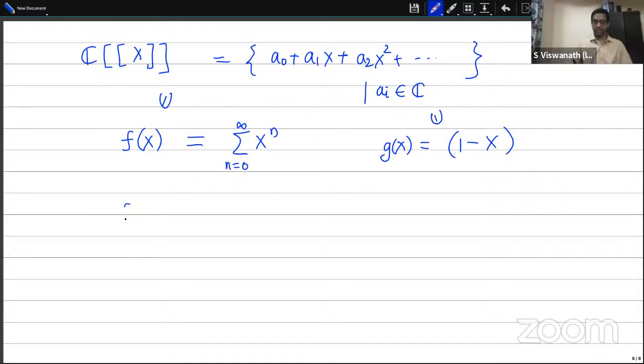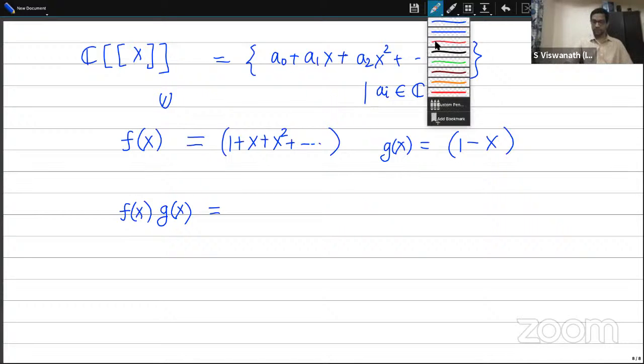Okay. Now let's check the way we define this multiplication formally. What is f(x) into g(x)? Let's just do the calculation. So this is 1 + x + x^2 + and so on. And g(x) is just 1 - x. So let me do it slowly, term by term. Okay, so first let me compute in f(x)g(x) what's the constant term.